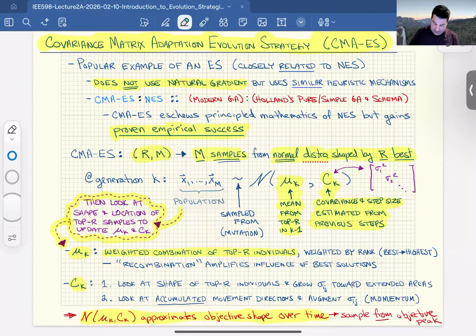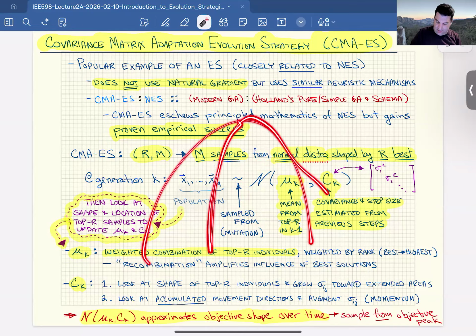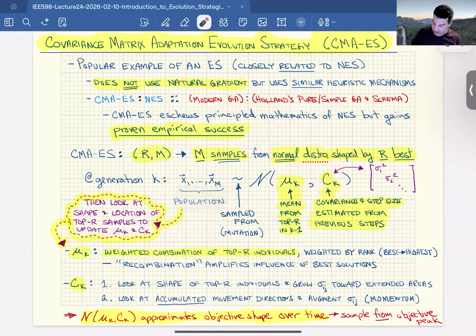So the idea here is that this normal distribution over time, as you update these parameters, will approximate the objective's shape. You can think of that over time, it's hopefully going to find the top of a fitness peak in these multiple directions. It's going to start approximating the curvature, where this is the mean and these are the covariance matrix at the top of that peak.